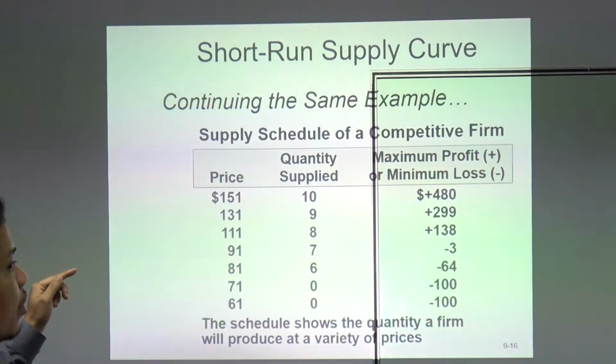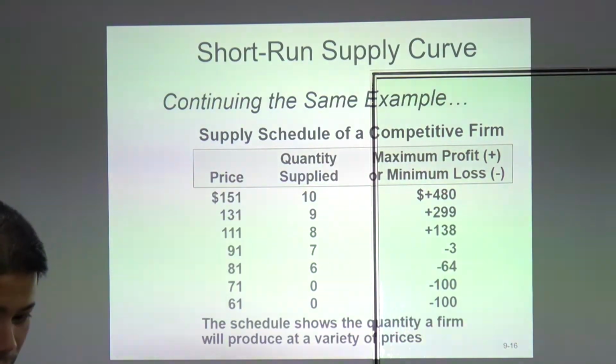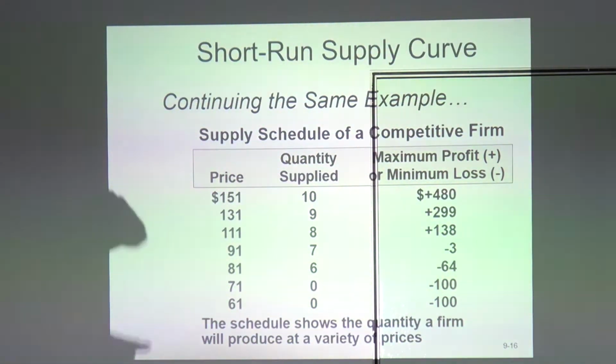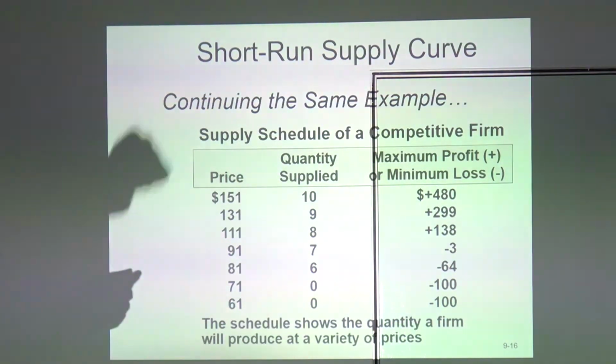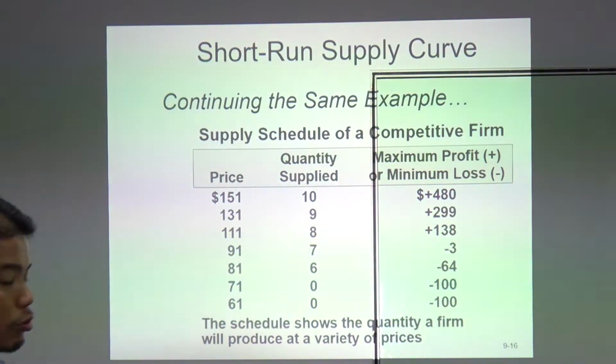So you have 6 units of quantity supplied at $81 of price, 7 units at $91 of price, 8 units at $111 of price, 9 units at $131, and 10 units at $151. Then when you join all of these points, you will have an upward sloping supply curve.